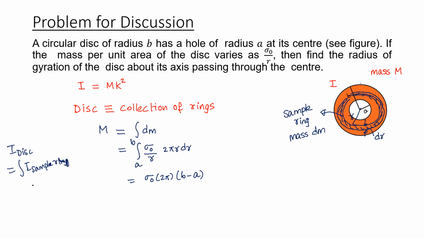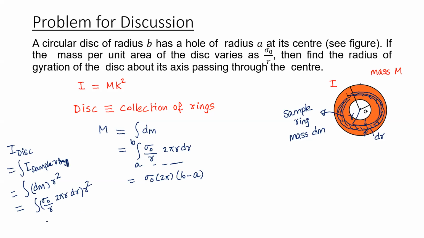For the sample ring, the mass is dm and then r square. So this is dm, which is sigma naught by r into 2 pi r dr, into r square.